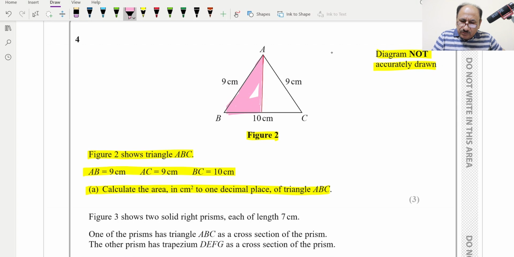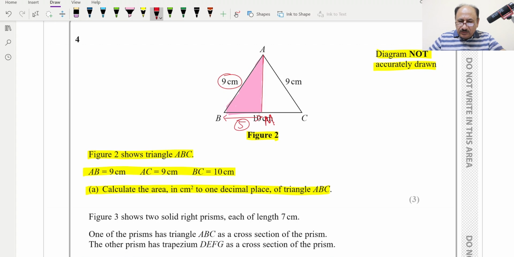This distance will be half of 10, which is 5. So this side is 5 centimeter and this side is 9 centimeter, and we can apply the Pythagoras theorem on it. We can take this point as M.